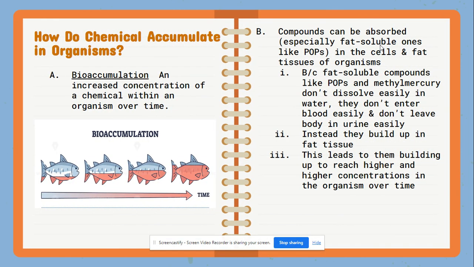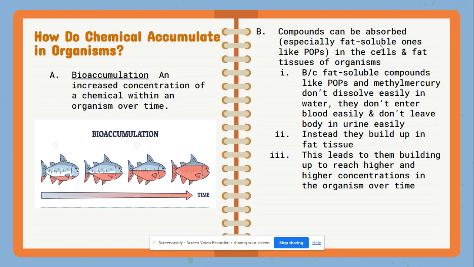So how do chemicals wind up accumulating in organisms? Well, we've been talking a lot recently about chemical compounds that tend to persist in the environment for long periods of time and tend to be fat soluble.